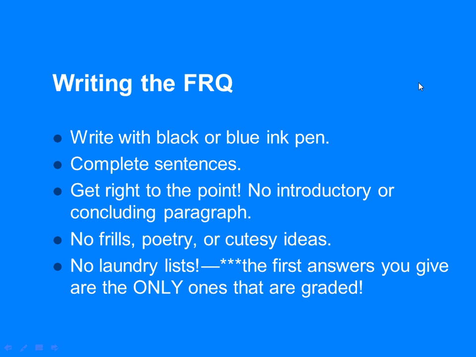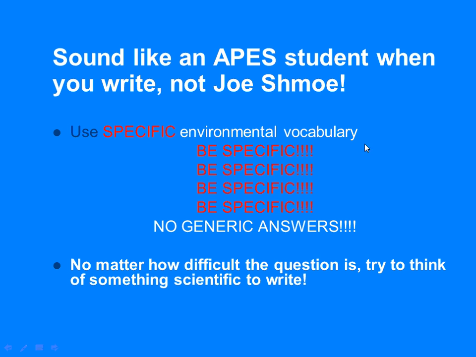Let's try not to sound like Joe Schmo. So let's try and use good vocabulary. You're going to learn a whole lot of vocab this year. Every time you use a very good vocab word, think of an environmental science word, you should always define it so that maybe you can actually get an extra point, and we'll talk about those extra points.